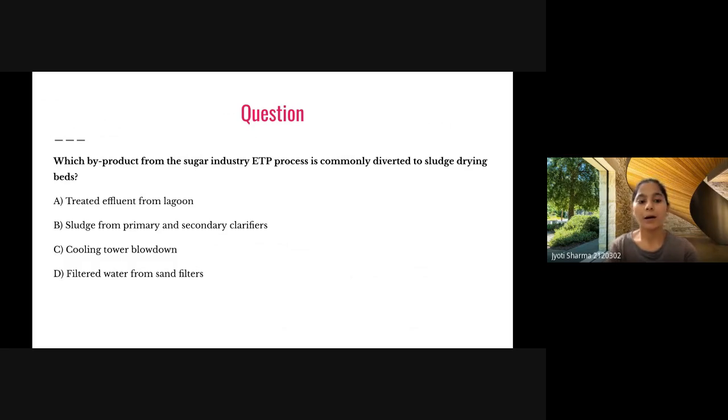Okay. Which byproduct from the sugar industry ETP process is commonly diverted to sludge drying beds? Treated effluent from lagoons, sludge from primary and secondary clarifier, cooling tower blowdown, filtered water from sand filters.